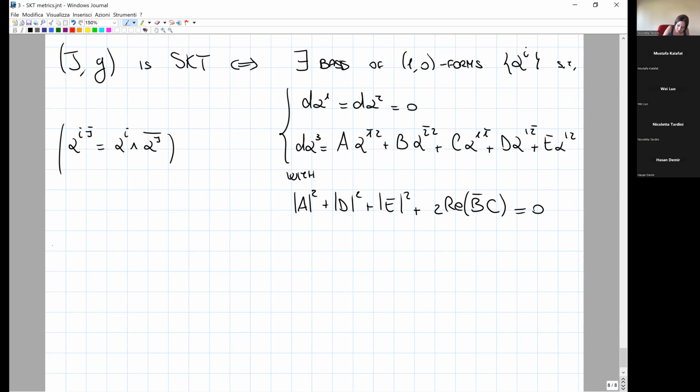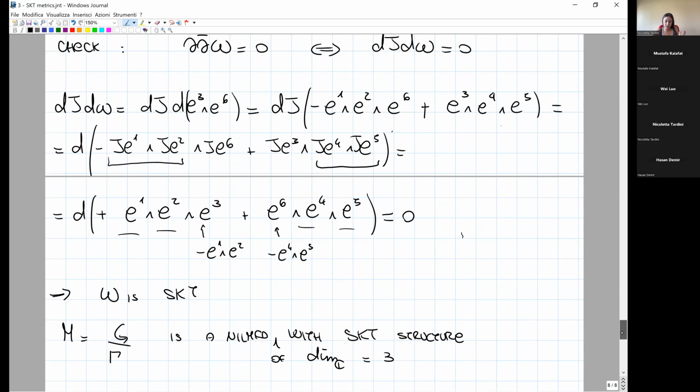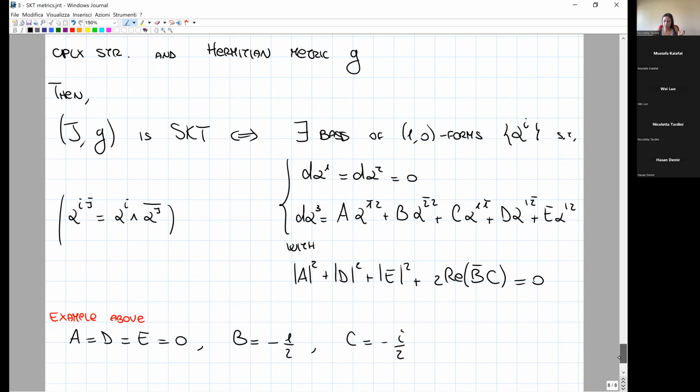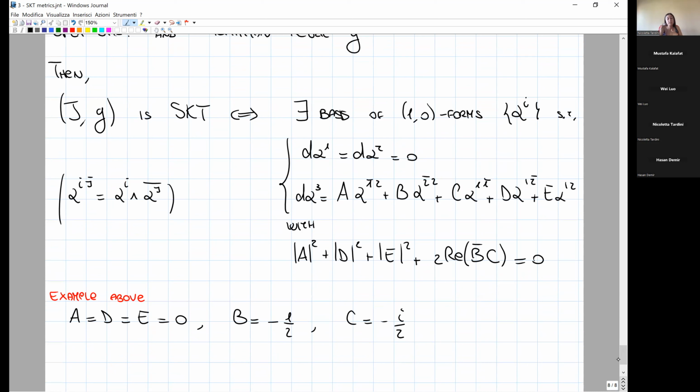So for instance, in the example above, we have these structures with A equal D equal E equal 0, B is minus 1 over 2, and C is minus i over 2. Okay, you can just check that the example that we just mentioned here falls in this set of examples because it was a nil-manifold with an SKT metric.